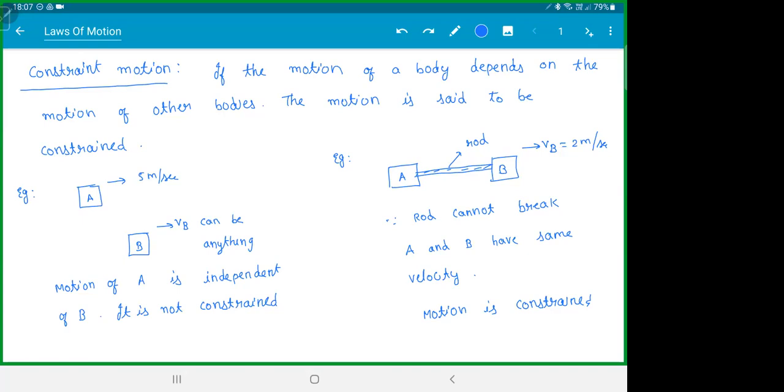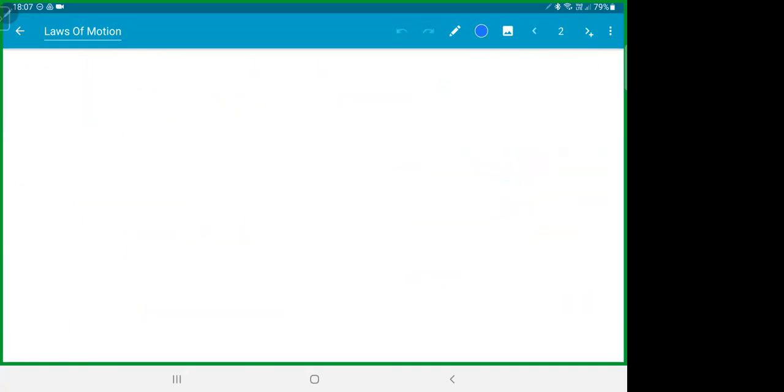Great. So let's go ahead. Now, in constraints, we have two types of constraints, the string constraints and rigid body constraints. String constraints is when bodies are connected by strings. So we will be dealing with ideal strings.